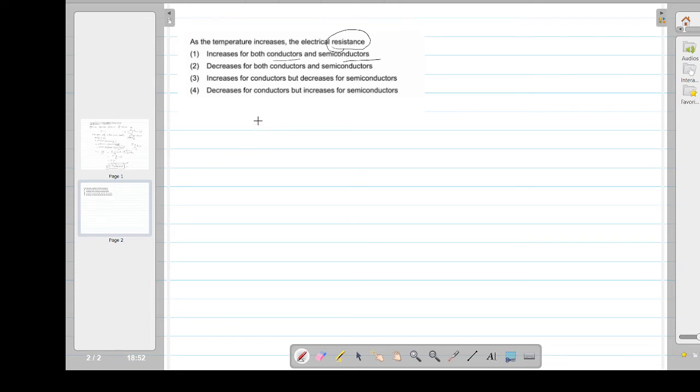So from the current electricity chapter, what we discussed is, when the temperature increases, the collision of the atoms increases. So once the collision of atoms increases, what will happen? The average relaxation time reduces.